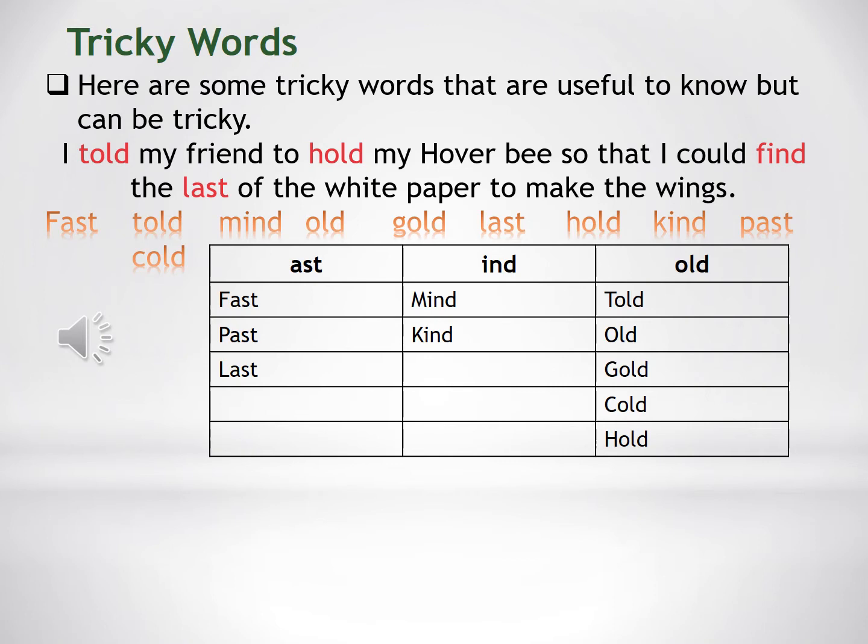In AST we can find fast, past, last. IND: mind, kind. OLD: told, old, gold, cold, hold.